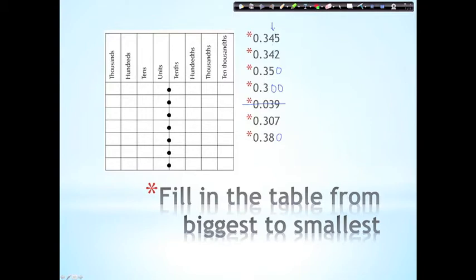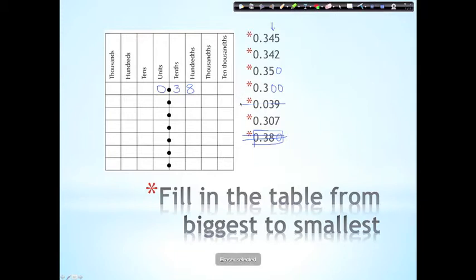Looking at the hundredths columns, I've got 4, 5, 0 and 8. So this one here gives me the biggest number, so I'm going to put this in my table, 0.38. Okay, so we have done that one. We can score that out.